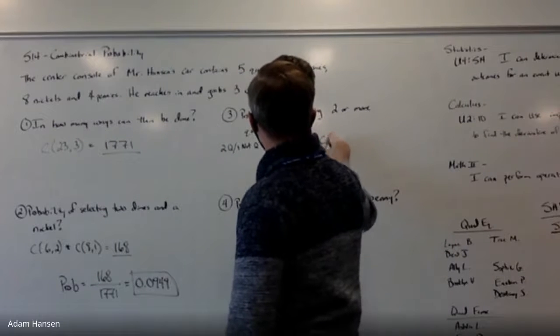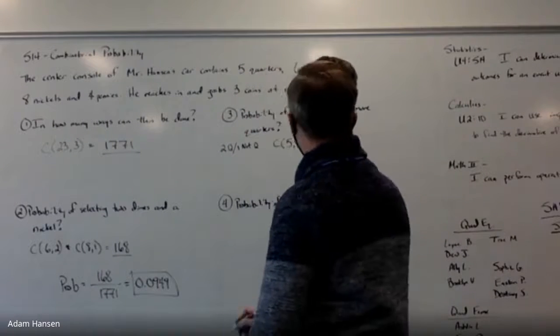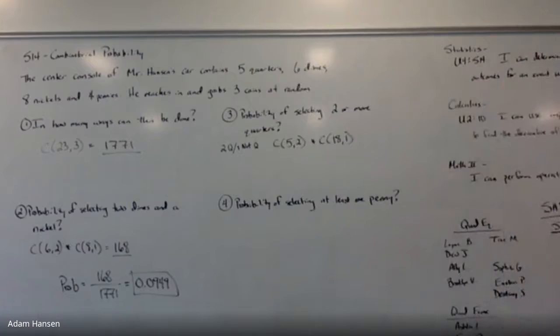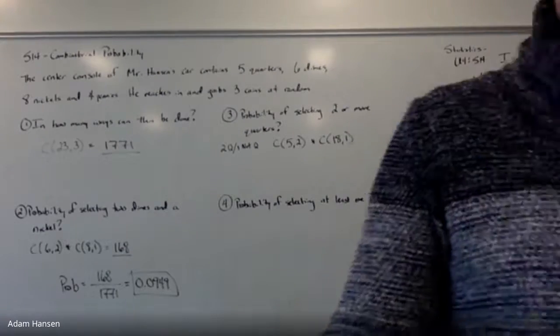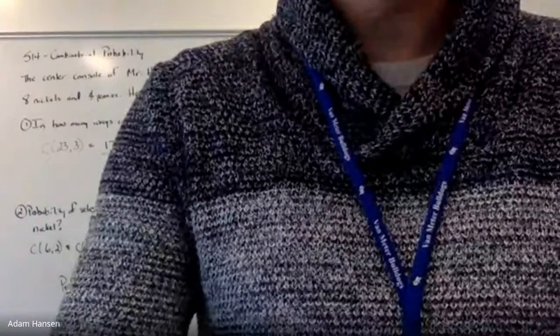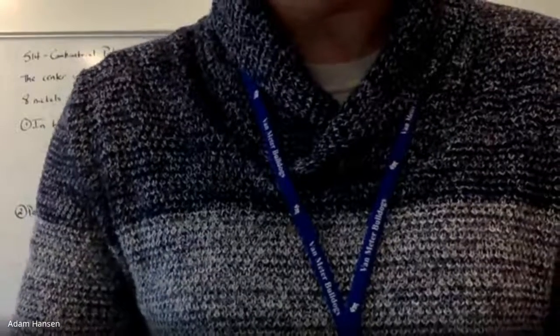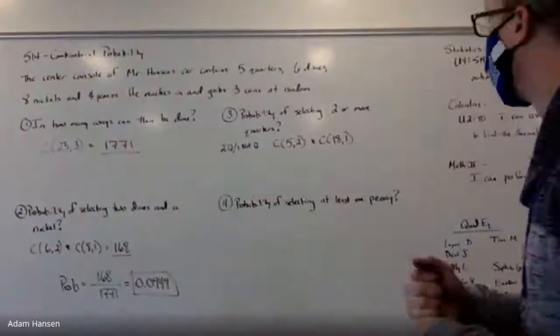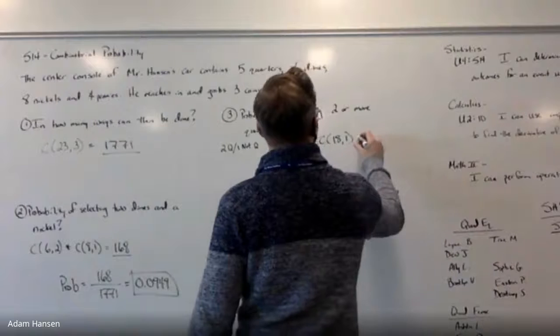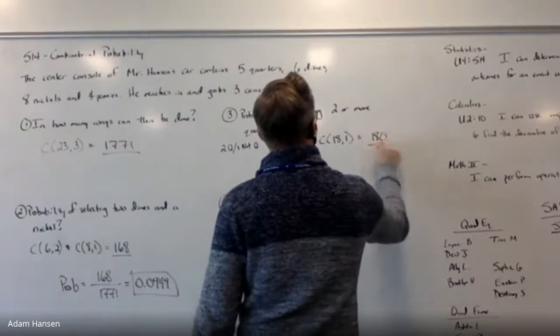So I need any 1 of the 18 non-quarters. 18 choose 1. We had 5 choose 2 times 18 choose 1. Looks like 180. That's to get 2 quarters.